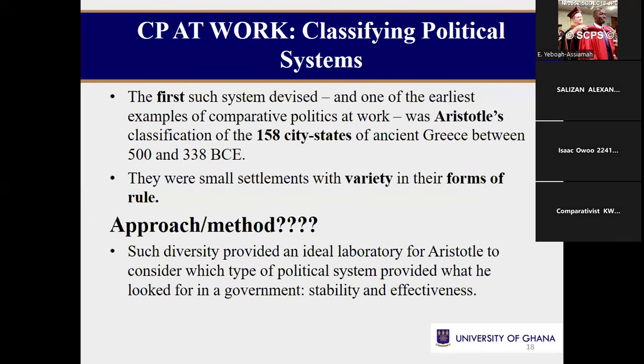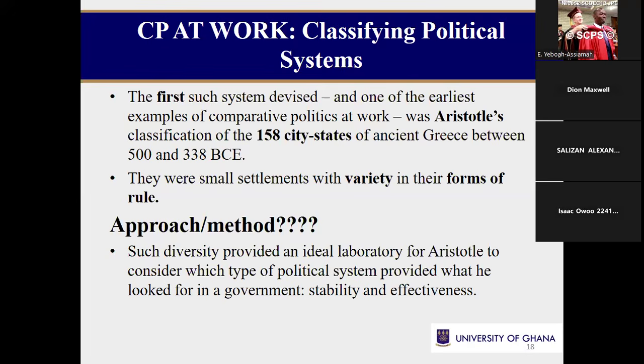All right. Now let's look at the first systematic comparative study that was done. Are we there, comparativists? Yes, please. The first systematic comparativist was Aristotle. So all of us, our grandfather is Aristotle, chief comparativist.